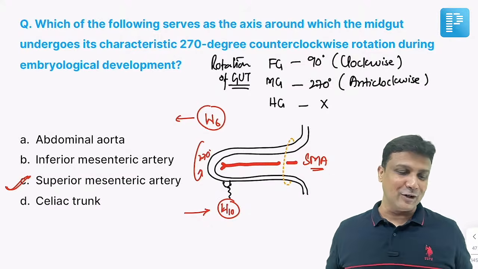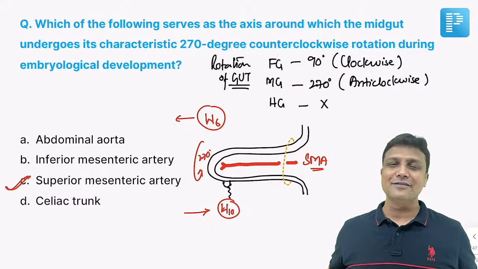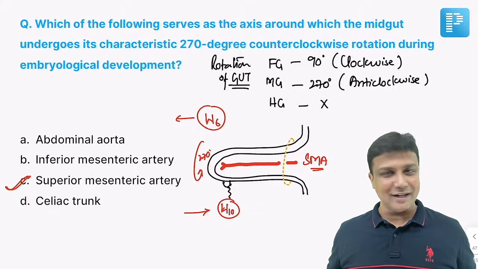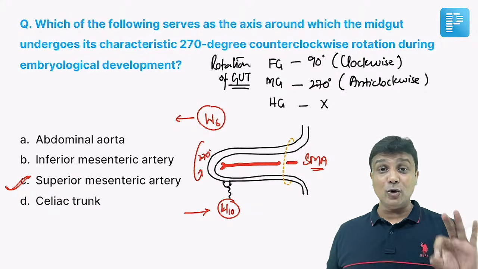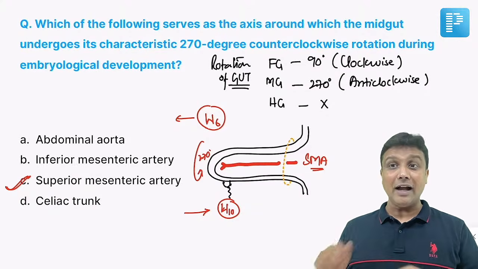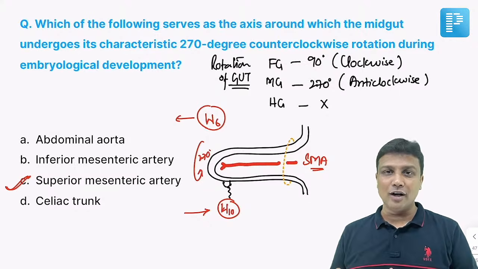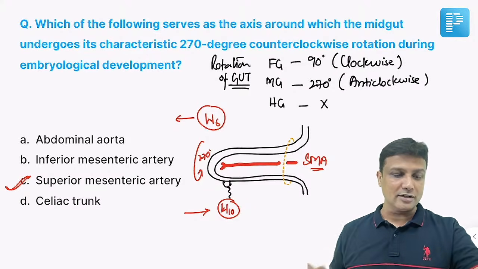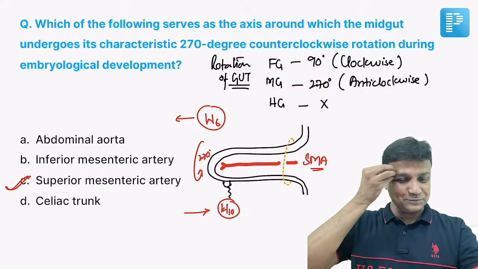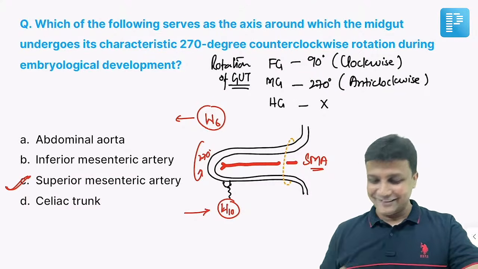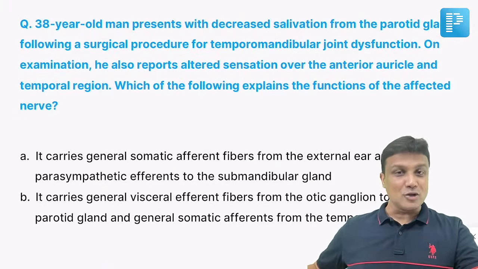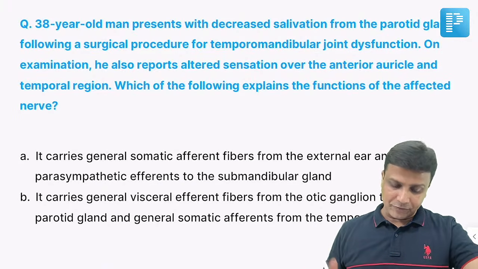That condition is referred to as omphalocele. So failure of reduction of physiological hernia. If physiological hernia does not reduce, then that condition is referred to as omphalocele. Another important concept has been revised here.